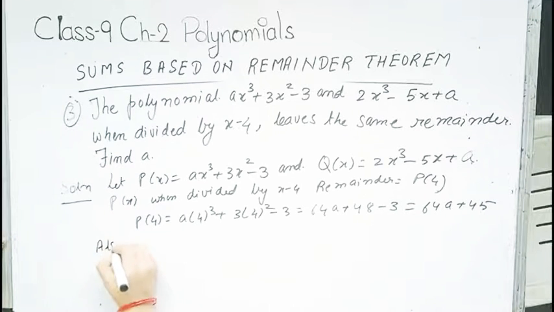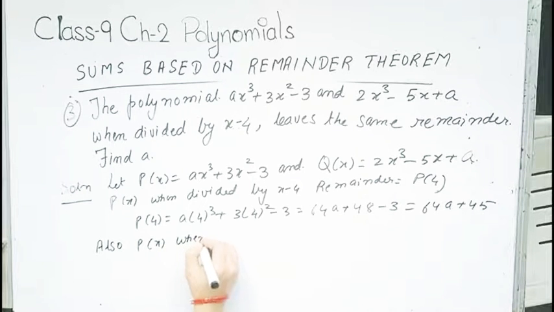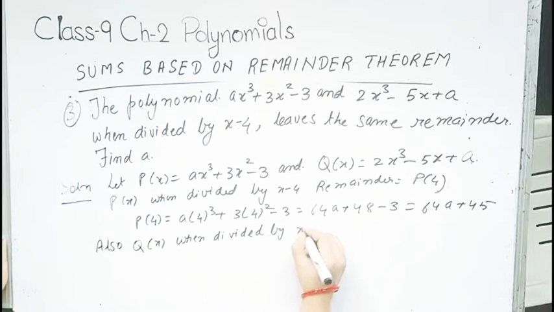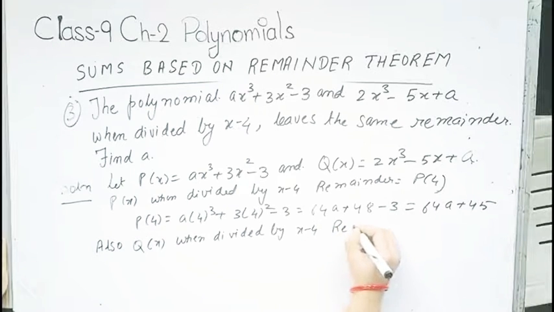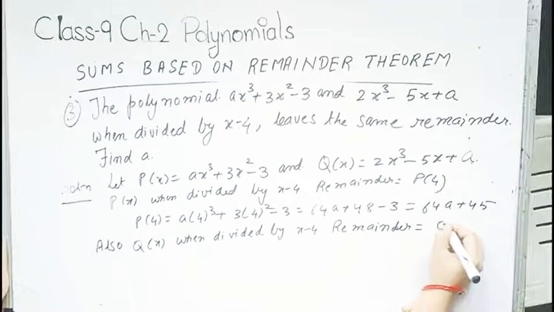Also, P(x) when divided by, Q(x) when divided by, the remainder equals Q(4).